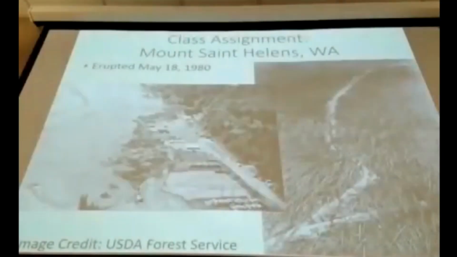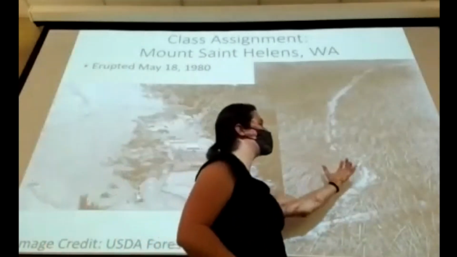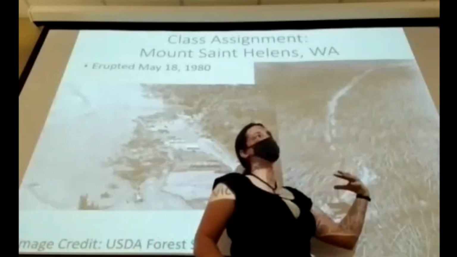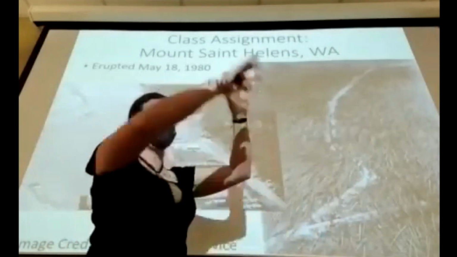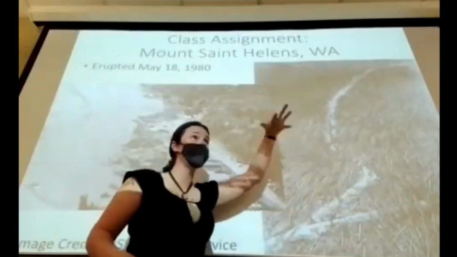Mount St. Helens in Washington erupted, the big one, on May 18th, 1980. The force of the blast was able to topple the trees in the entire area, right? They kind of look like matchsticks. This is not fir, those are trees from up above.